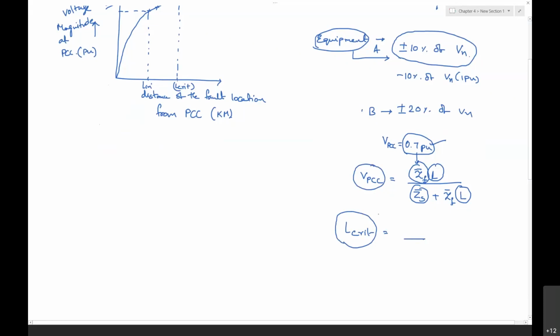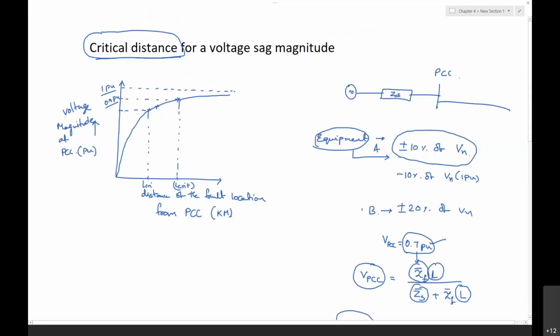This way the critical distance is very useful if you want to connect an equipment to give a satisfactory performance even under the fault conditions.